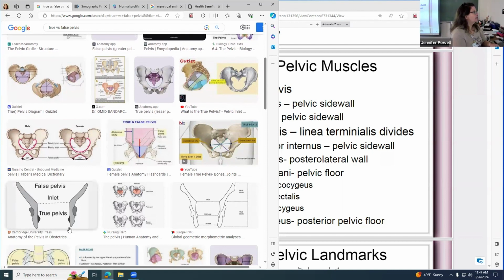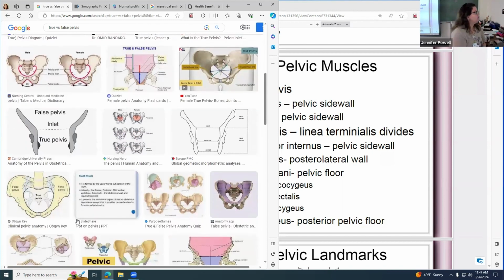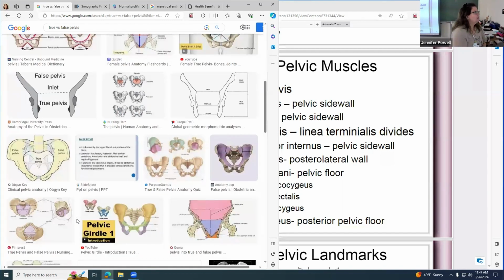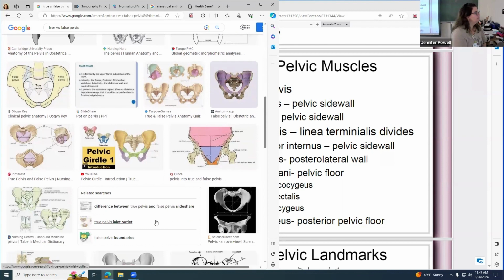It's kind of like this bottom portion that holds all of those organs in, and the muscles of the pelvic floor, which were those levator ani muscles, is what stops your organs from falling out the bottom when you need to bear down. Like if you were to do a Valsalva or cough or sneeze or use the bathroom.